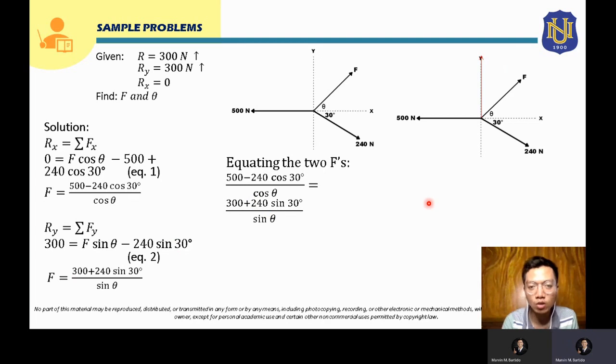Now the unknown here will just be theta, so we can solve for theta. What we can do here is cross multiply. Cross multiplying this, we can interchange sine theta and 500 minus 240 cosine 30 degrees. So it will become sine theta over cosine theta is equal to 300 plus 240 sine 30 degrees, and then 500 minus 240 cosine 30 degrees.